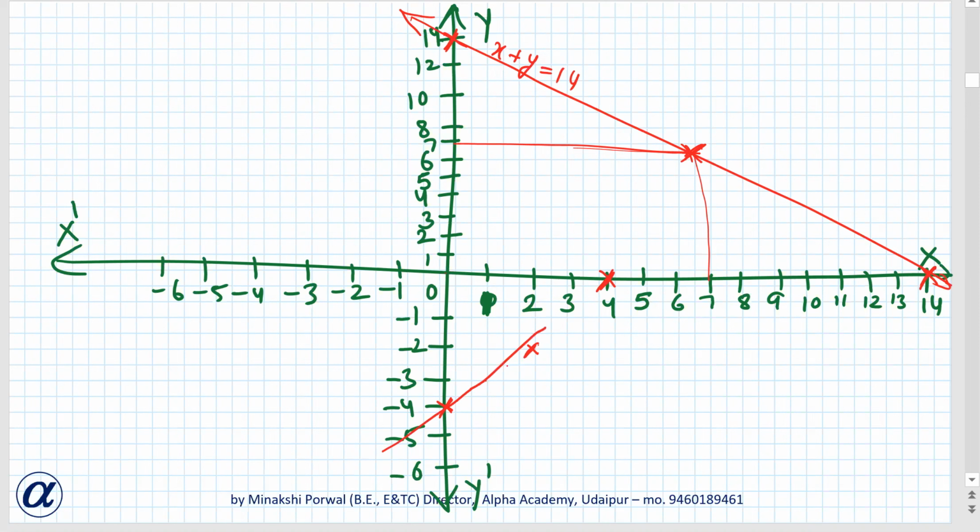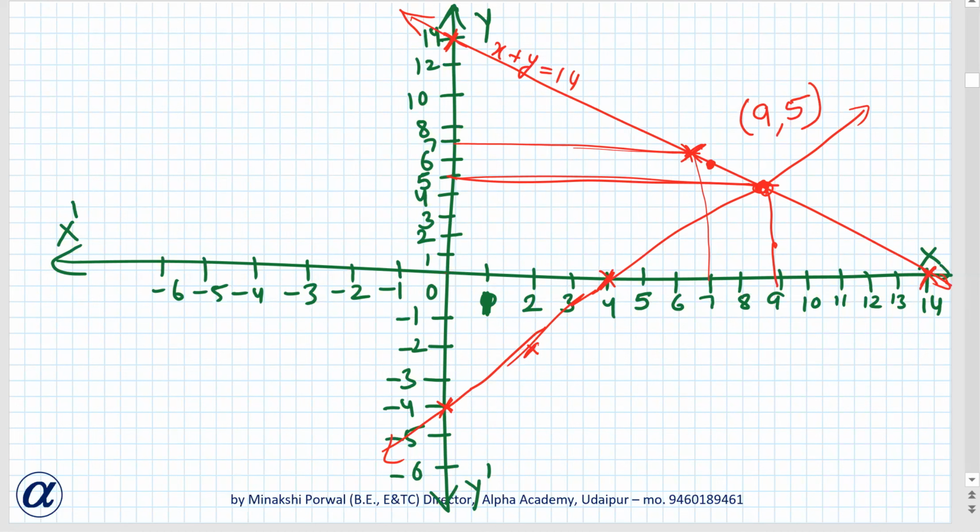Joining these points, this way. The point where these two intersect will be the solution. We can note this point, like this and like this, so the point will be 9, 5. So this will be the solution of the equations.